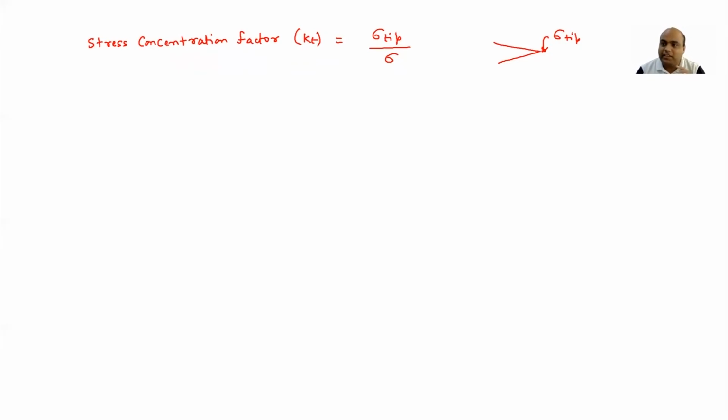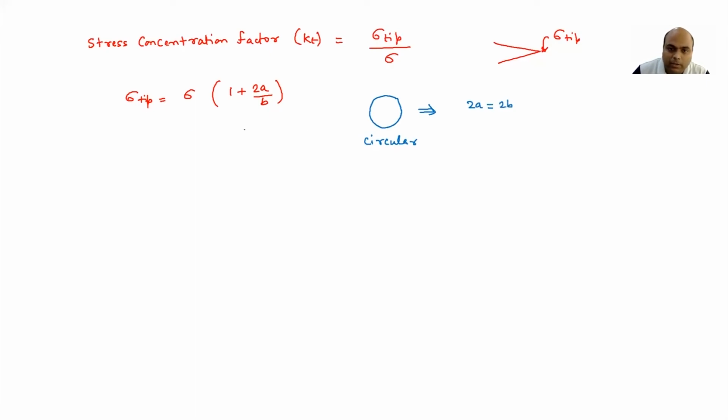Now suppose this elliptical hole becomes circular, right? So 2a is equal to 2b, right? So if you see the formula, sigma tip is sigma (1 + 2a/b), okay? And if I take a circular crack now, so this is your circular crack. Here 2a is equal to 2b.